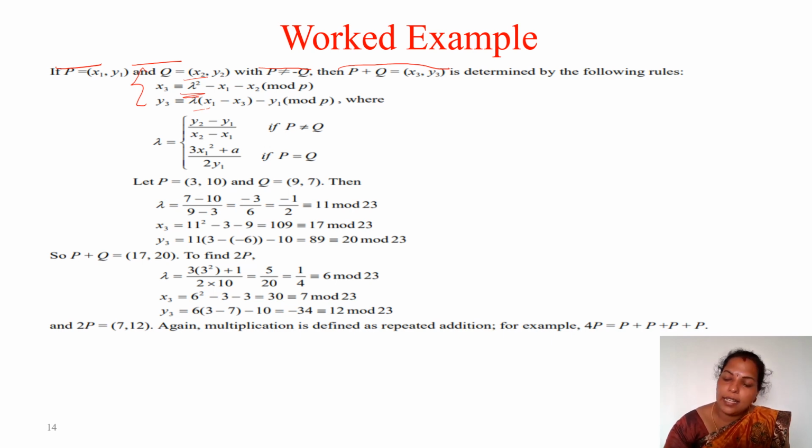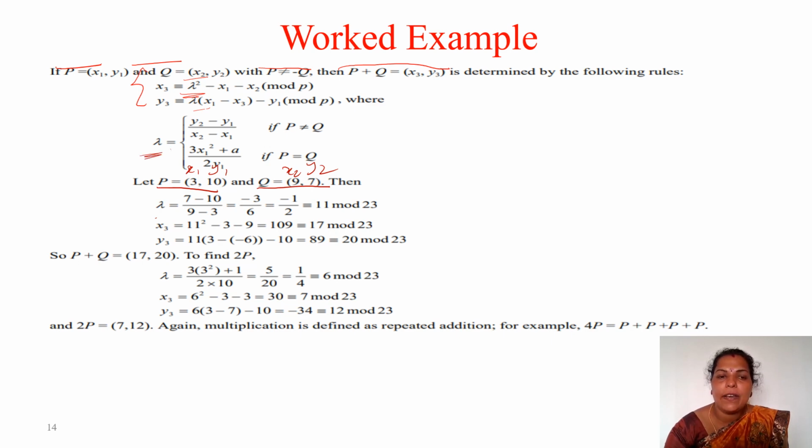Then we take P equal to (3, 10) and Q equal to (9, 7). Then you have to compute the lambda value: take P as x1, y1 and Q as x2, y2, and apply these values in the lambda formula.